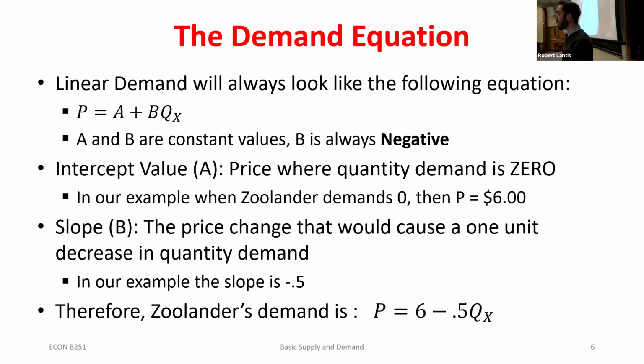Or said differently, for that 4th unit, the marginal benefit is $4 to that consumer. And I could do this for any quantity. I could find the marginal benefit of the 2.76th unit. All I would do is plug in 2.76 for the quantity, and the price from our demand curve is reflecting that consumer's marginal benefit.